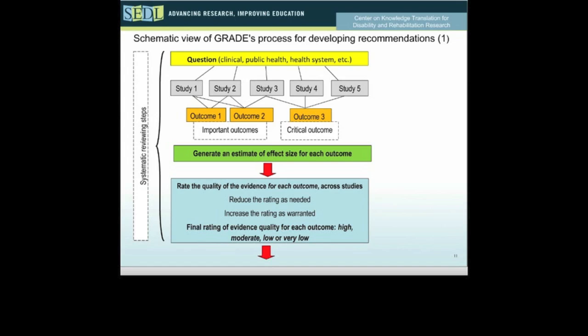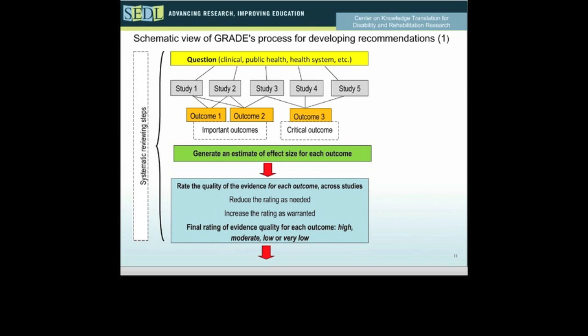Well, if you want to talk about living in the community, probably ADLs and IADLs are critical outcomes, and happiness may be a less crucial one. So that's the difference between important outcomes and critical outcomes.